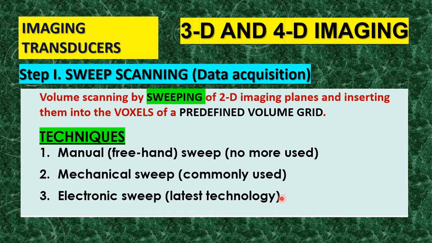It is the one that uses what we call the 2D array transducers. Remember when we were discussing the 1D, 1.5D, and 2D arrays, okay? In the 2D arrays, the columns and rows are the same number. This is what we call the 2D array transducer, and this is the one used in the electronic sweeping, all right?